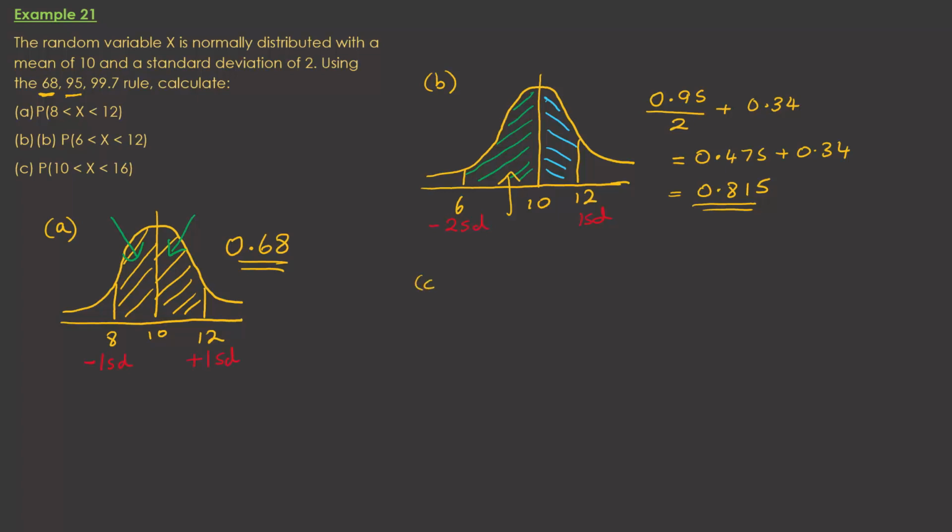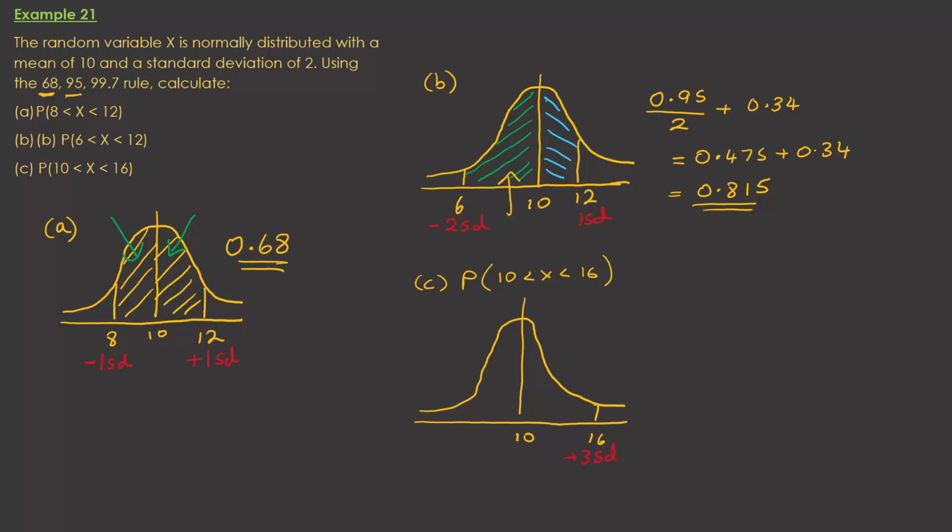And then finally here, we've got the probability that x is between 10 and 16. So this is our normal curve. This is 10, this is 16, and of course 16 is 3 standard deviations.